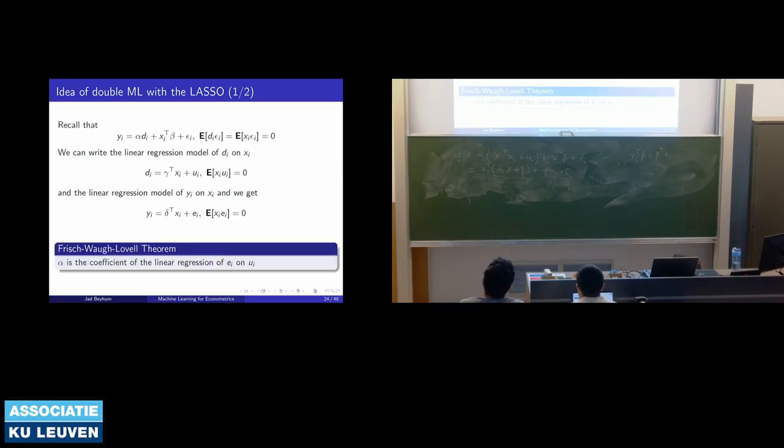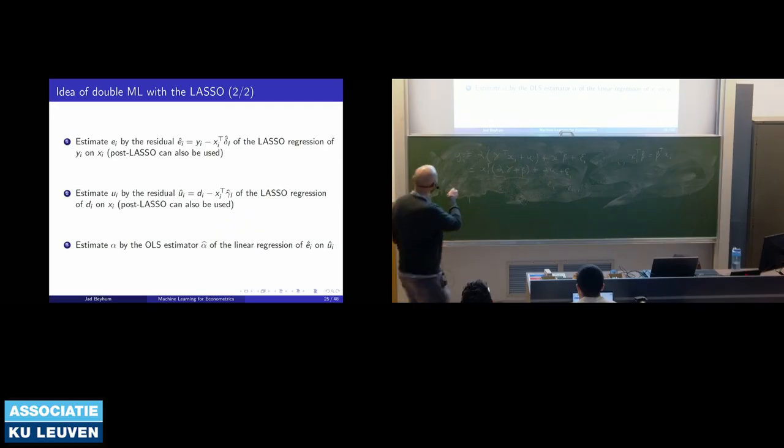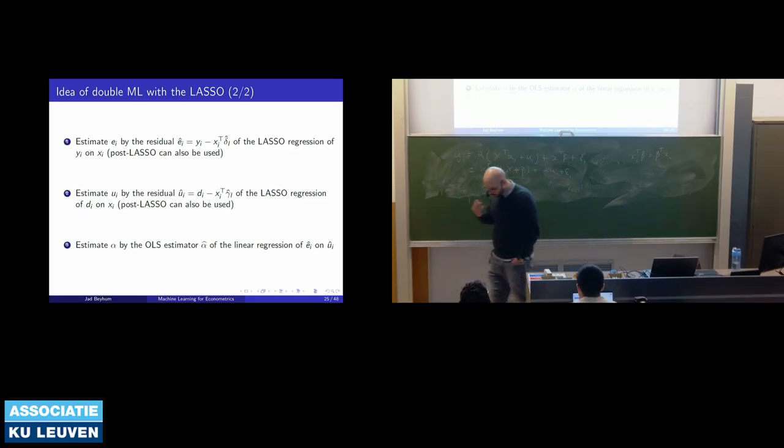This regression model is a high-dimensional model because xi is high-dimensional, but I can estimate delta by lasso and then just take the residual of this lasso regression. And that's an estimator of ei. I can also estimate ui by the residual of the regression of di on xi. I run a lasso and I estimate this residual.